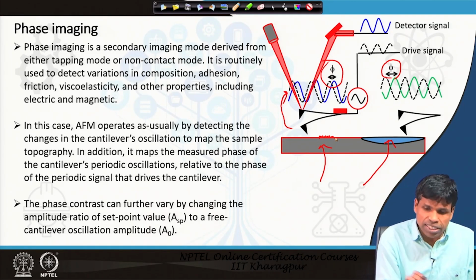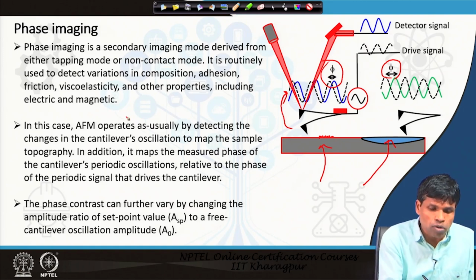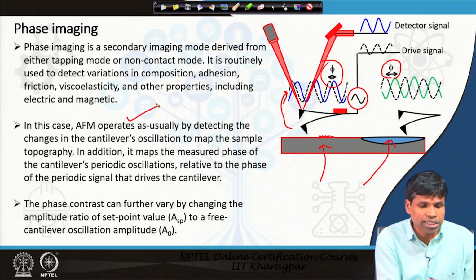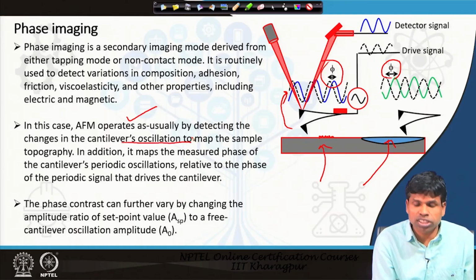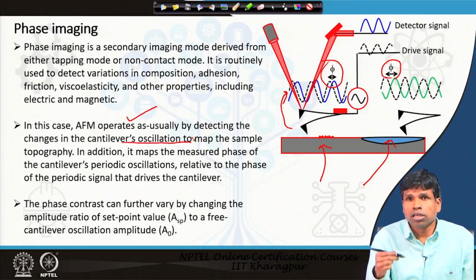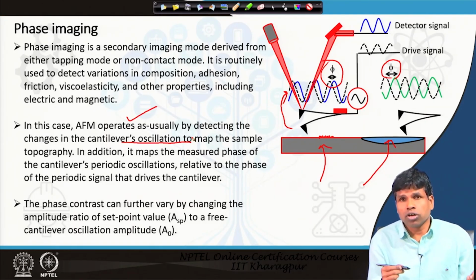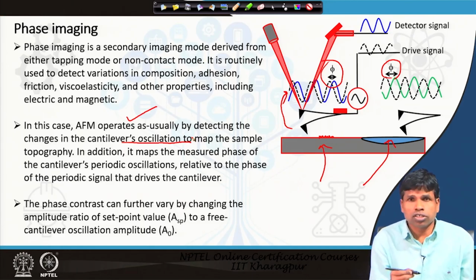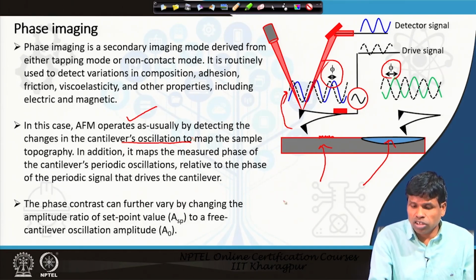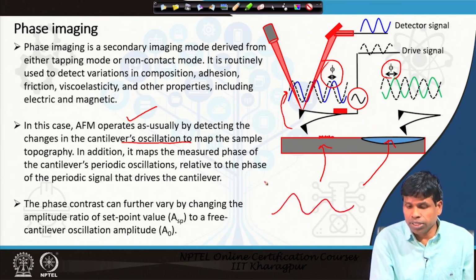So, in phase imaging, AFM operates as usual by detecting the change of cantilever oscillation, which may be frequency mode detection or amplitude mode detection. We will certainly know the surface roughness when the tip is going above.